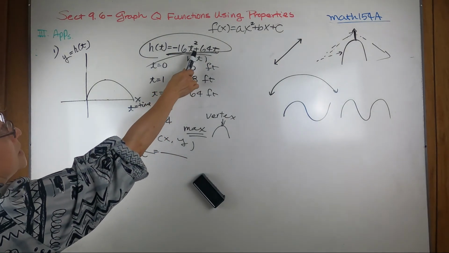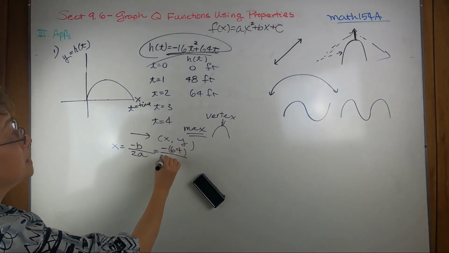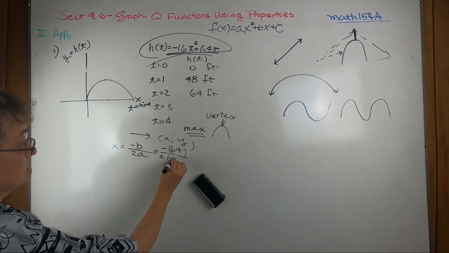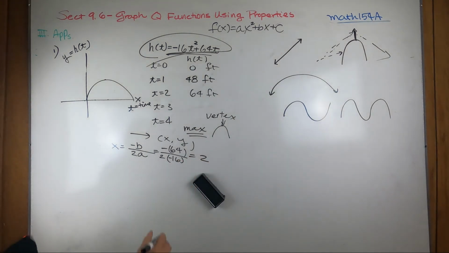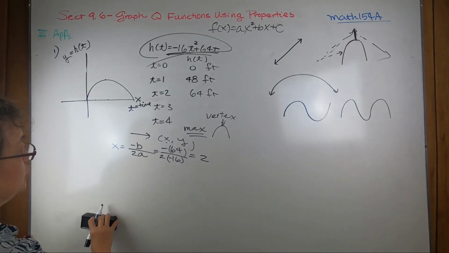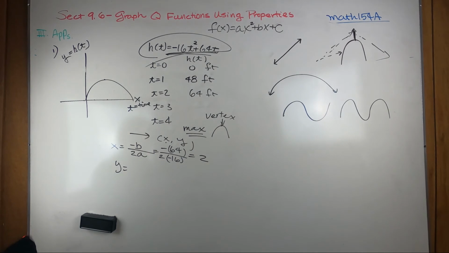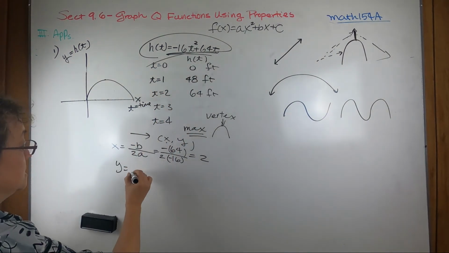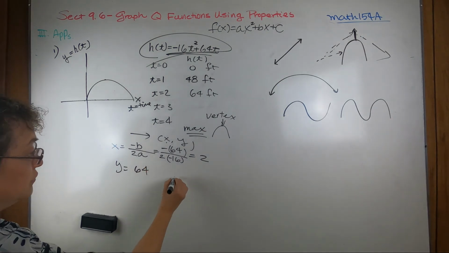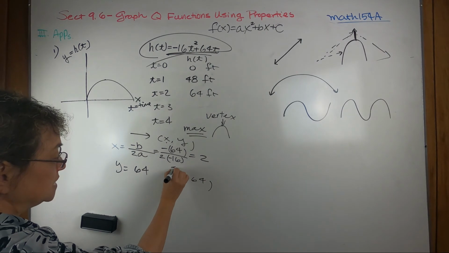So b is negative 64, a is negative 16. So that would be what? 2. So your x is 2, then your y you plug in, right? Plug in 2, so it's 64. So your vertex is what? (2, 64).